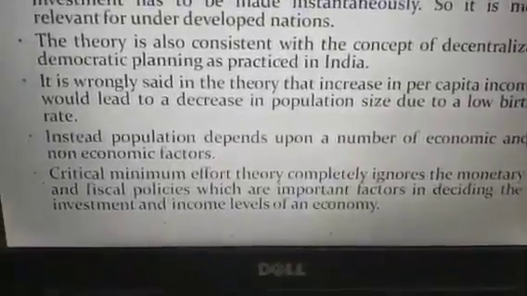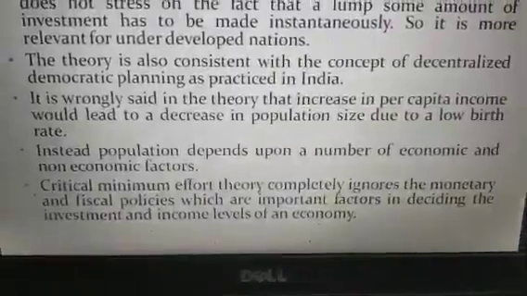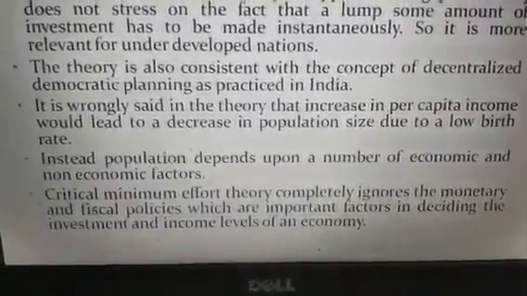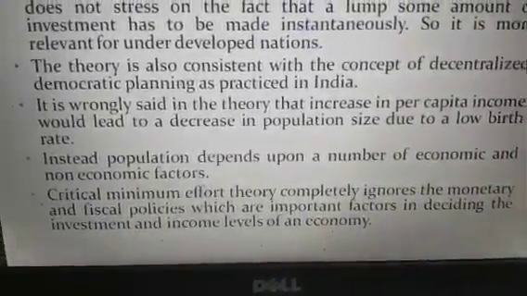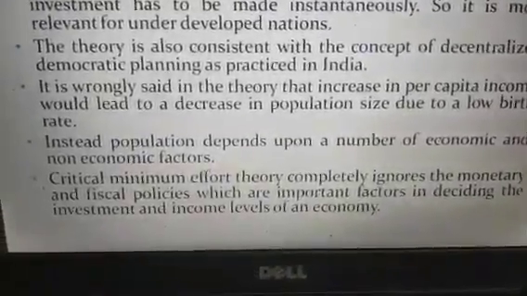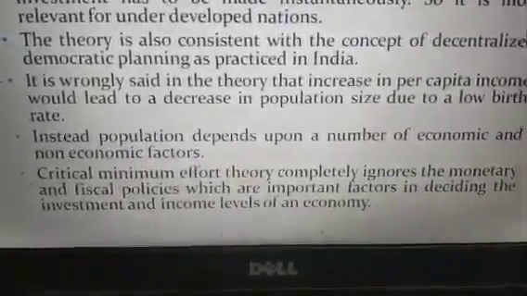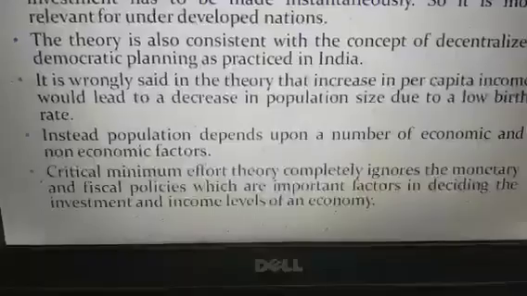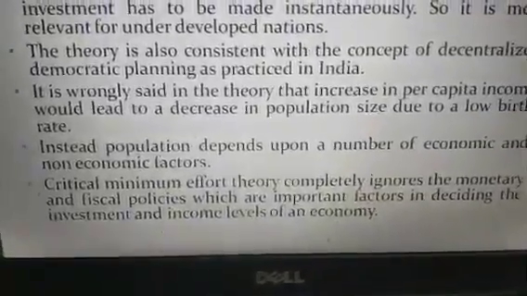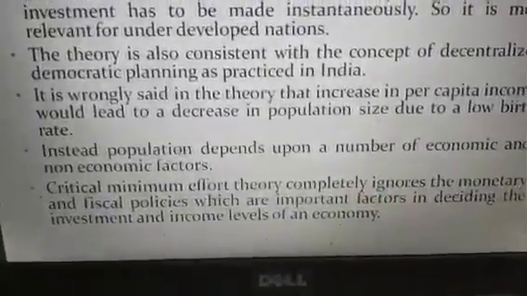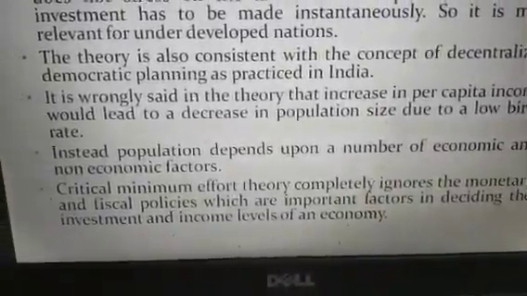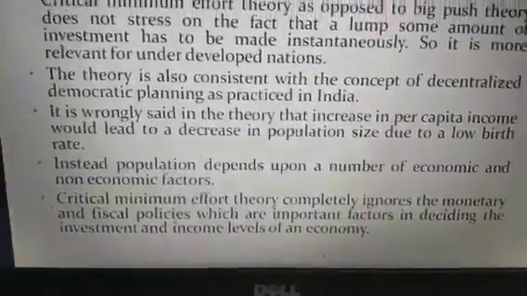Also, population depends upon a number of economic and non-economic factors which Liebenstein ignores. And last but not least, the critical minimum effort theory completely ignores the monetary and fiscal policies, which are very important factors in deciding the investment and income levels of the economy.